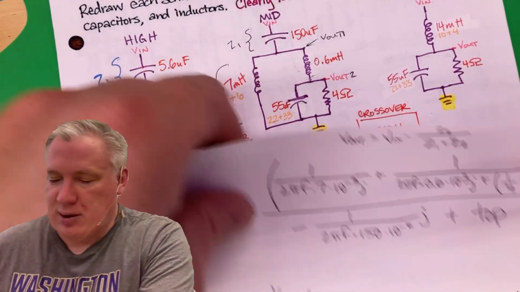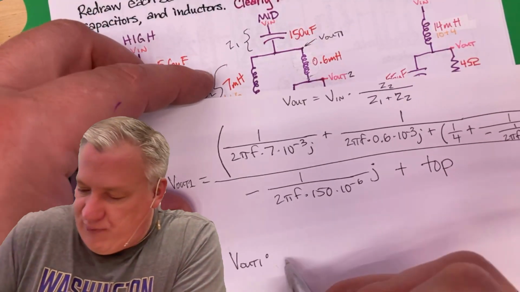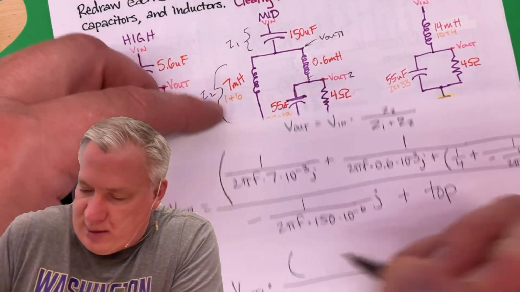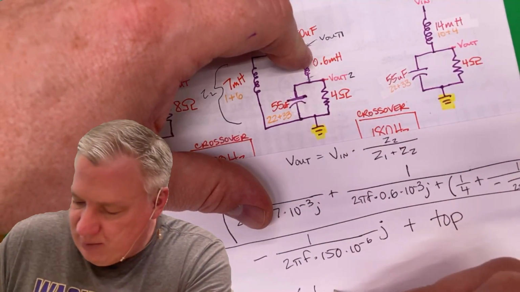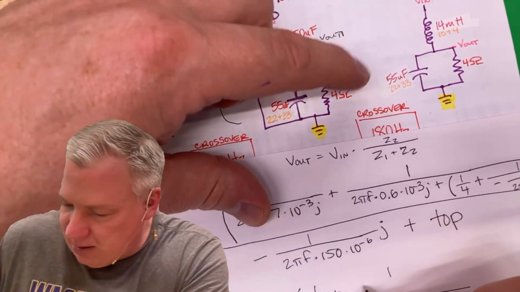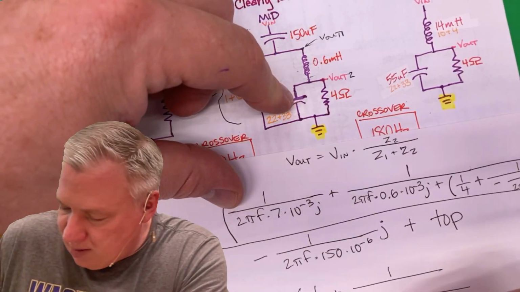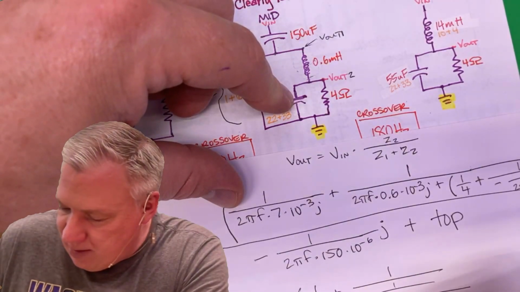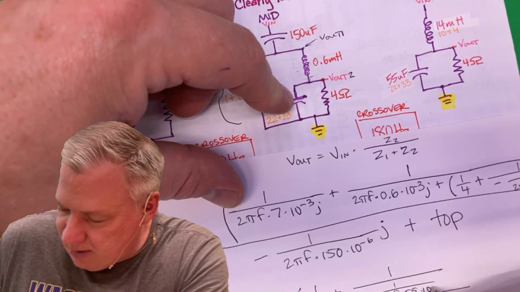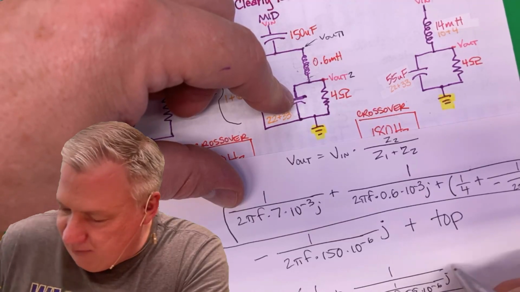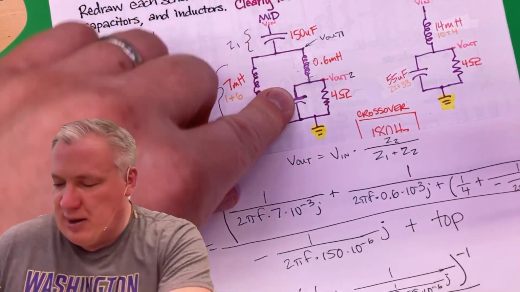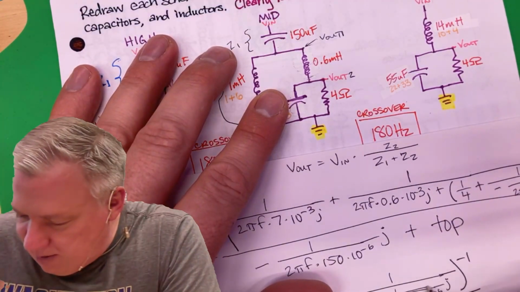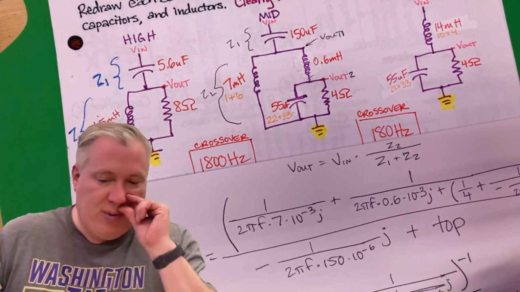To just recap, I'm going to do fraction bar, parentheses, I'm looking here, this is my Z2, so 1 over 4 plus 1 over that capacitor. This is negative 1 over 2 pi f times 55 times 10 to the negative 6 j on the side of the fraction, and, okay, to the negative 1 power. Well, that was kind of sloppy, but it's much clearer on the whiteboard.